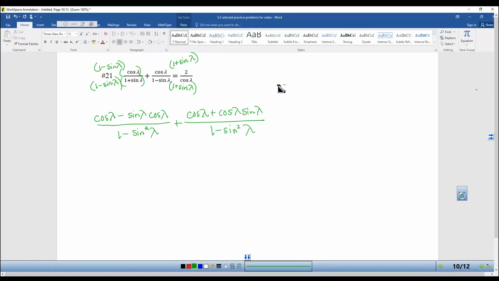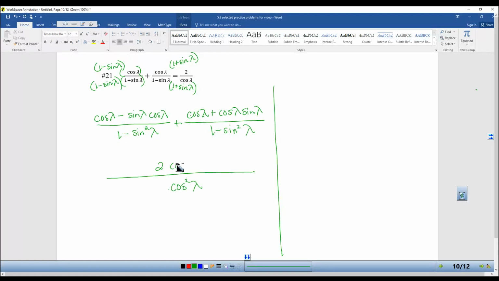I'm just going to go ahead and draw my line over here since that took up so much room. And then I can put them all over the same denominator, but I'm going to do 2 steps at once. 1 minus sine squared is cosine squared. And when I put these all together as 1, I'm going to have 2 cosines, but this negative sine cosine and this positive sine cosine cancel.